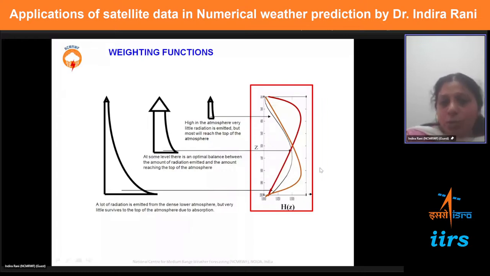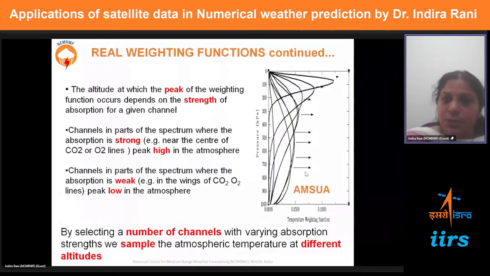So we have to select the frequencies in such a way that we can probe the atmosphere. If you want information from 100 HPA, 500 HPA, or 250 HPA, we have to choose the channels in such a way that the satellite sees the maximum information from that particular region of the atmosphere.